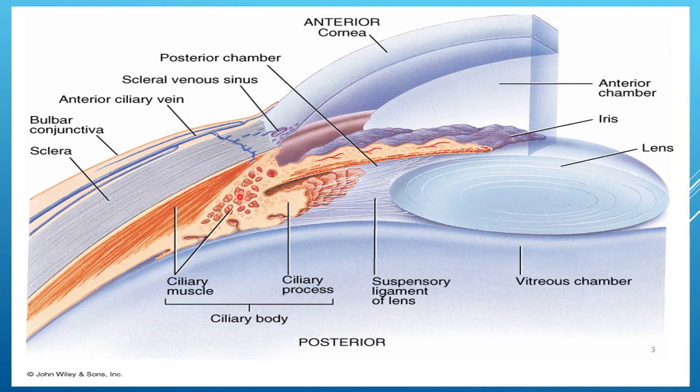The other muscles, the circular muscles and radial muscles, are important for the action on the lens for light accommodation. We will discuss them later.